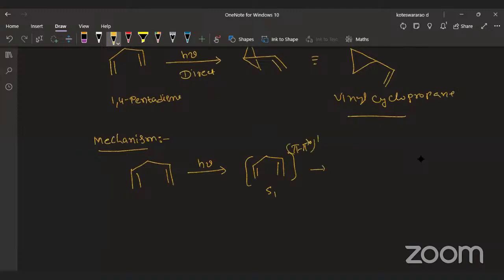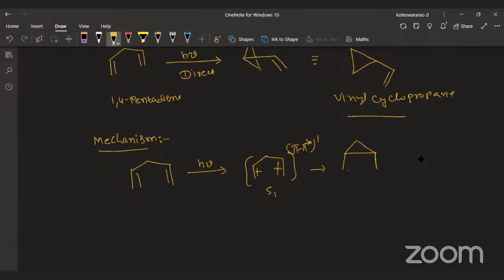In that singlet state, these two pi bonds undergo homolytic cleavage that leads to the formation of a bond between the 2 and 4 carbons, and there are radicals. The radicals can also be shown as dots like this.